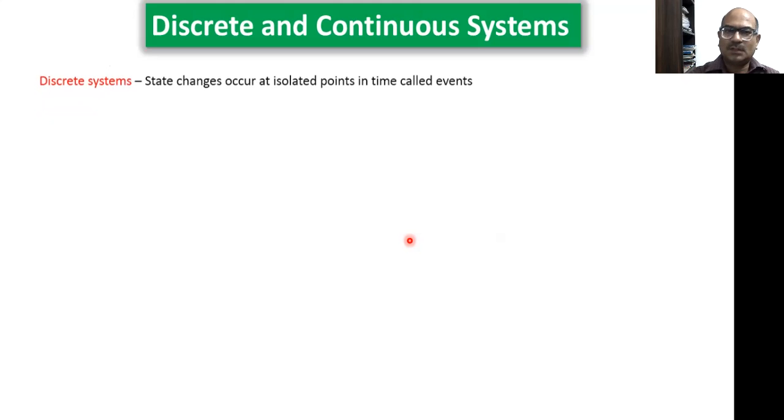So now we are moving ahead to discuss the discrete and continuous system. As the name suggests, discrete is one which has certain time lapses, time gaps in between, and a continuous system is one which is performed in a continuous manner without any breaks, without any splitting of the time frames.